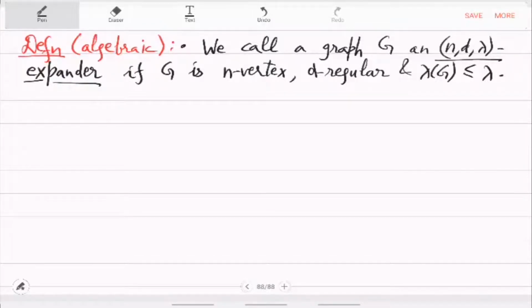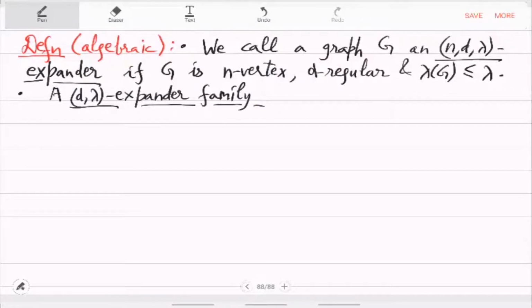And instead of looking at only one graph, we will obviously be more interested in graphs that are growing. Okay, so a family of infinite graphs. So a d comma lambda expander family, so graphs G_n, infinitely many graphs.